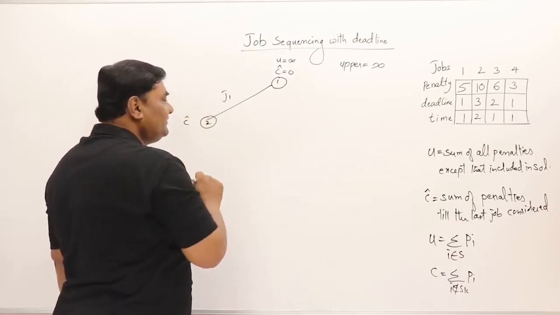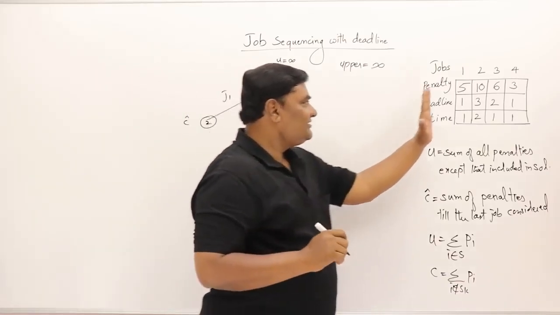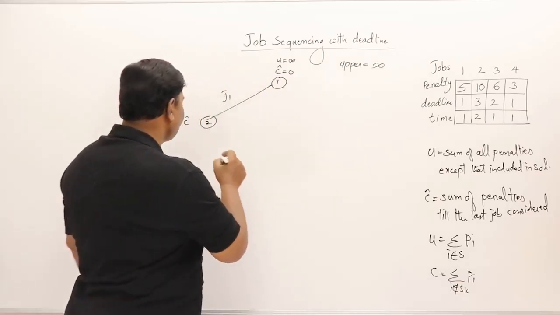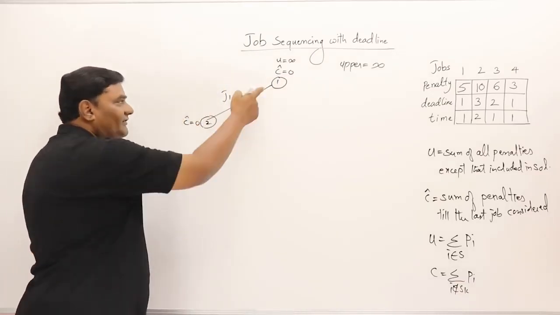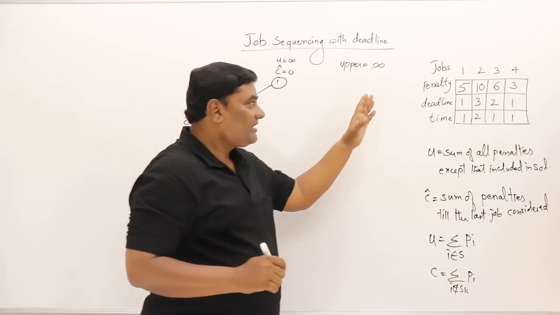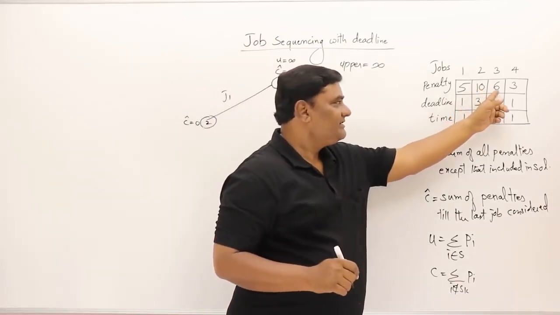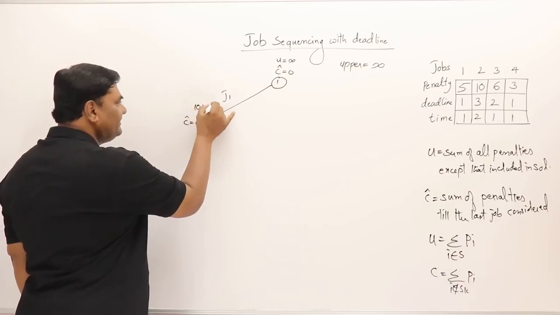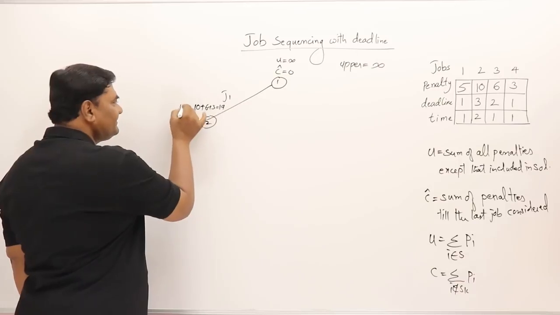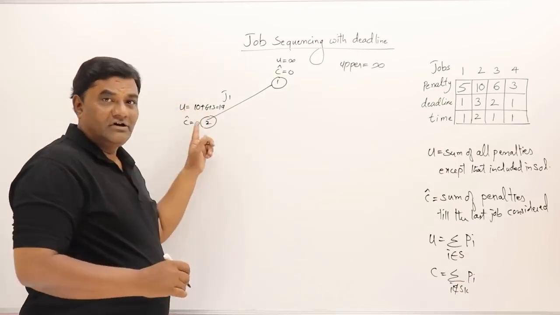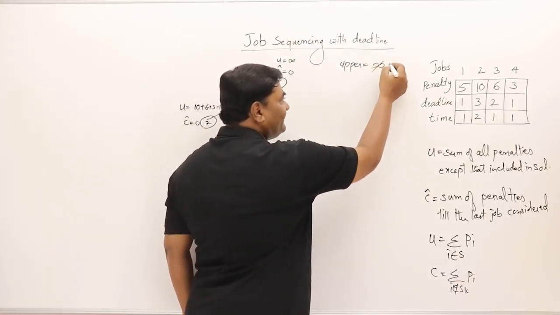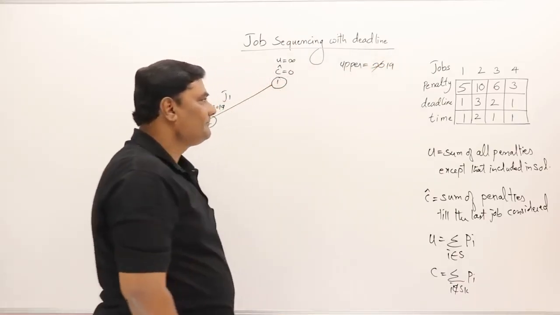Till job 1, we are skipping nothing, so the cost is 0 only. Now when the first job is in the solution, the remaining jobs' penalties are 10 plus 6 plus 3, which is 19. So this is upper. Now we got one upper value which is less than infinity, so update it to 19.